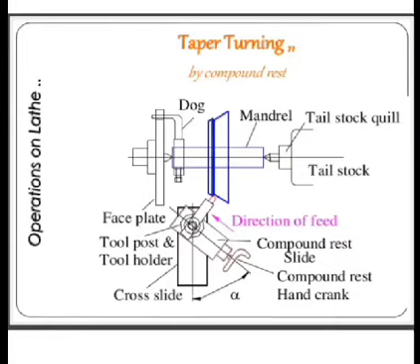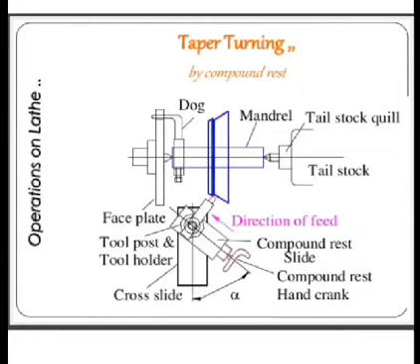The base can be swiveled and clamped at any desired angle. After setting the compound rest at the desired half angle, the tool is fed by the compound rest hand wheel, which will generate the corresponding taper on a rotating job in a chuck or face plate or between the centers.